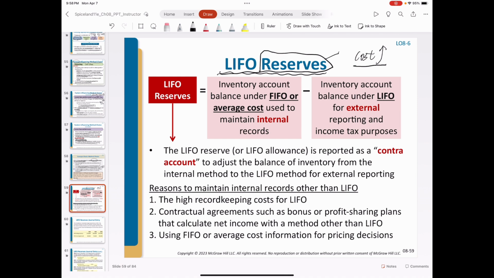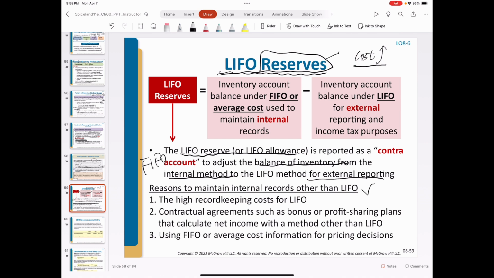Usually, the company uses FIFO or weighted average for the internal reports and uses LIFO for external reports. To reconcile the internal and external reports, we use the LIFO reserve or LIFO allowance as a control account to adjust the balance of inventory from internal to external reporting, or from FIFO to LIFO.